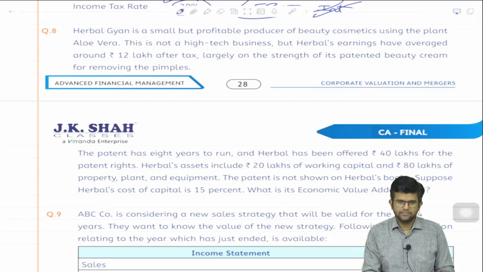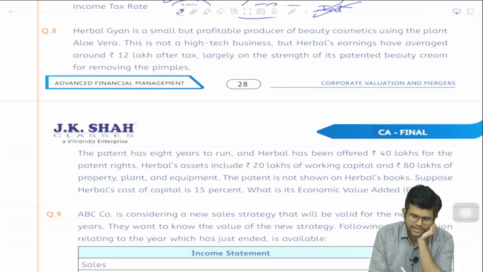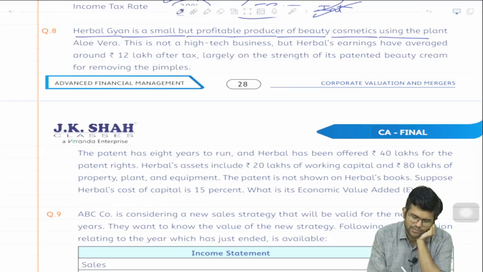They are saying Herbal Gyan is a small but profitable producer of beauty cosmetics using the plant aloe vera.